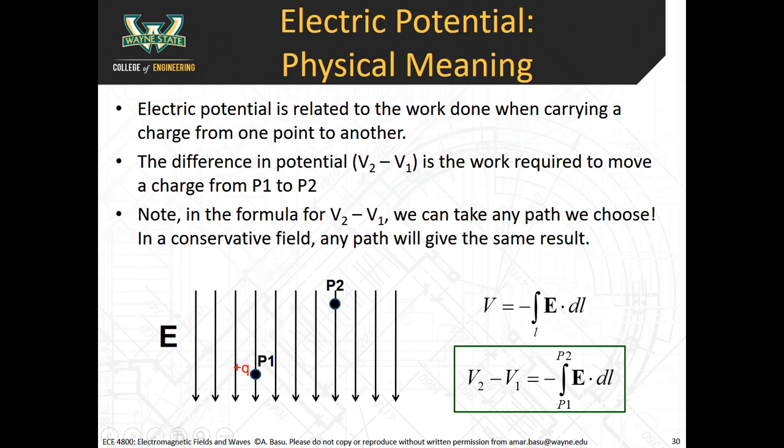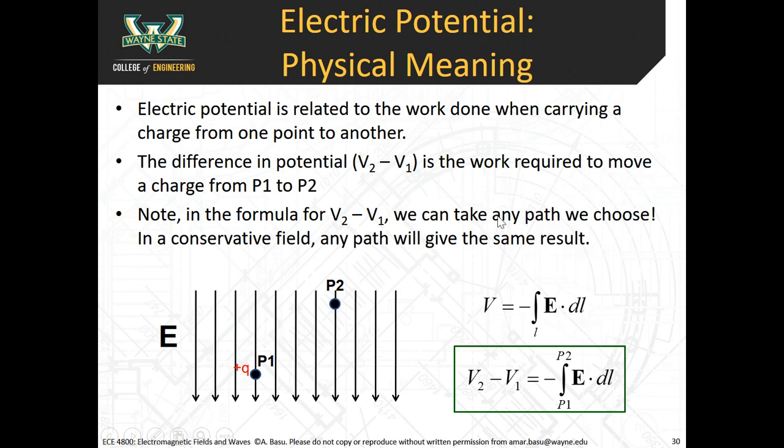So let's suppose we had a charge at this location, and this is what the electric field looked like. If we take this charge and move it from P1 to P2, a certain amount of work is required to move it in that direction. We're moving it against the field, so P2 is going to have a higher potential than P1.